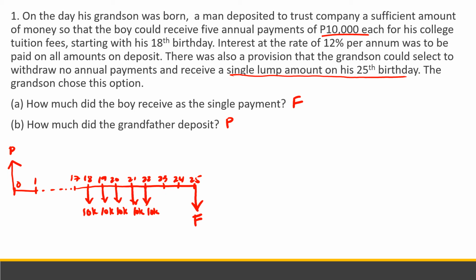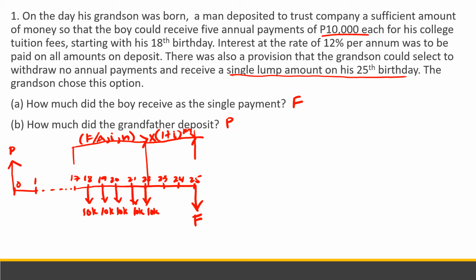Now, in finding F, we will use the deferred annuity, but reversed, going toward the future amount. So for these 5 years, this is finding the future amount multiplied by n, and then for the 3 years, we multiply again by 1 plus I to the power of m periods.